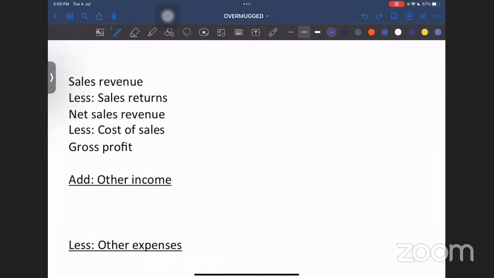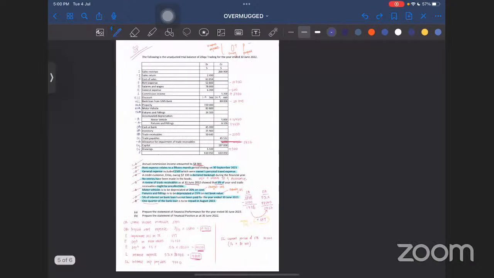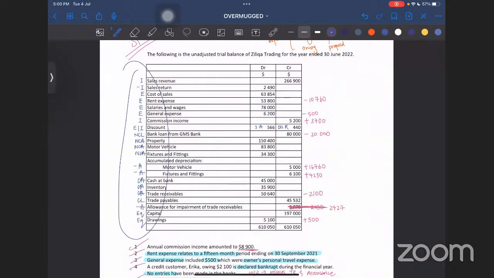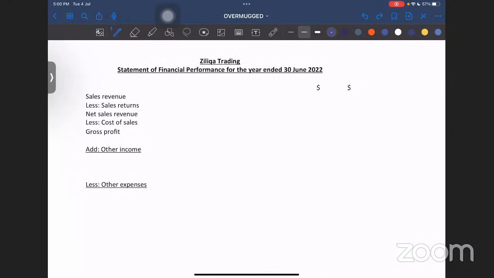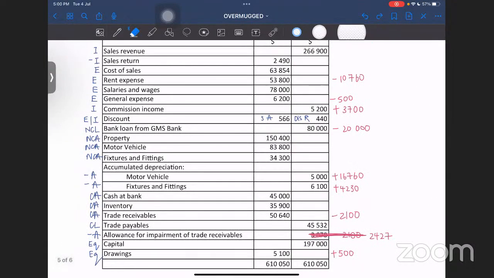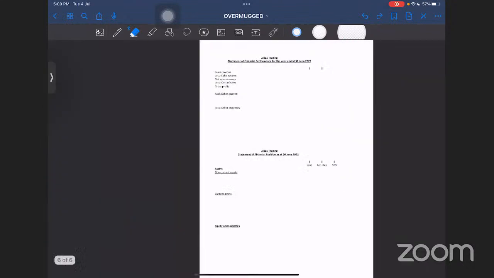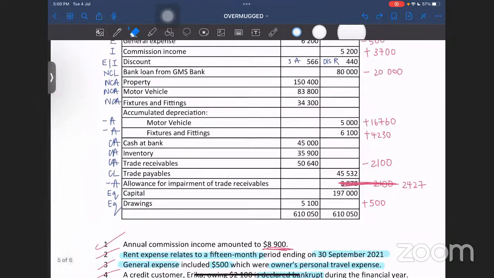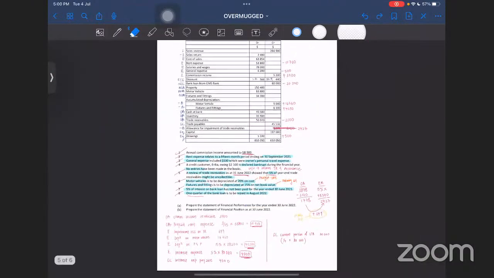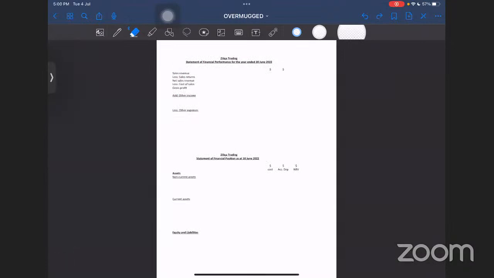So why I asked you all to label all of this at the side just now: when you label, it's easier when you are doing your FS, because you are doing it by section. When you are doing your income, you go here and find all the I's, and then you throw them here. When you are doing your expense, you come here and look for all the E's, and then you throw them here. It's very straightforward. It makes your life a lot easier.